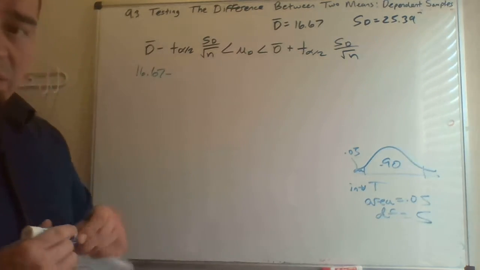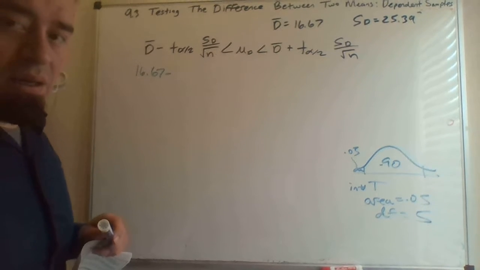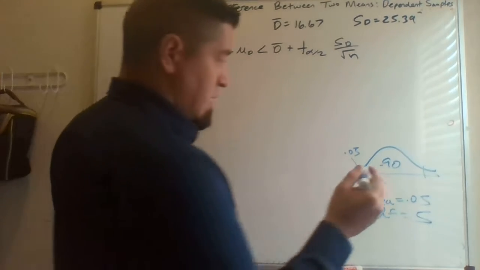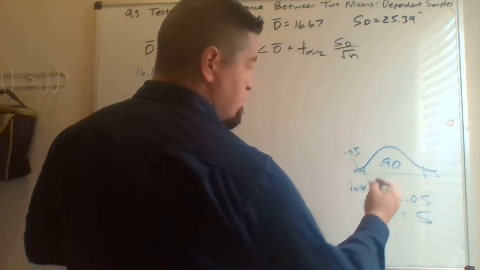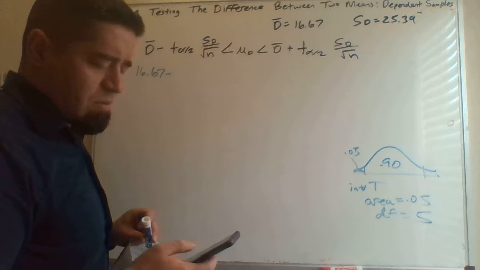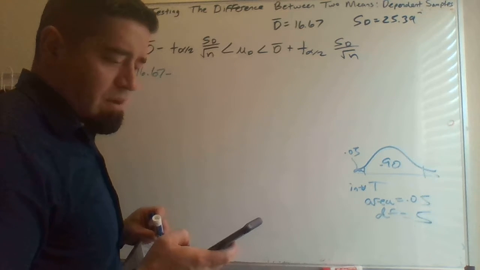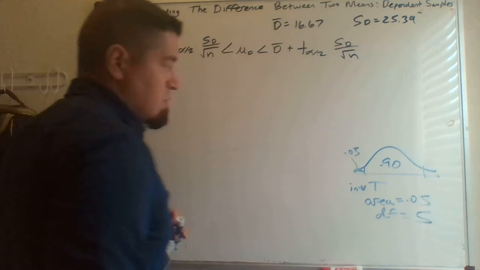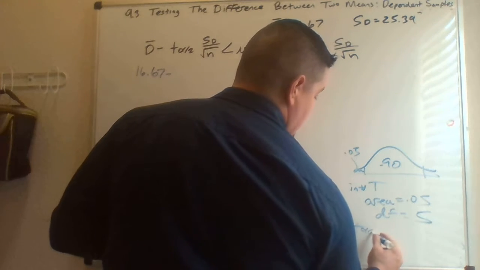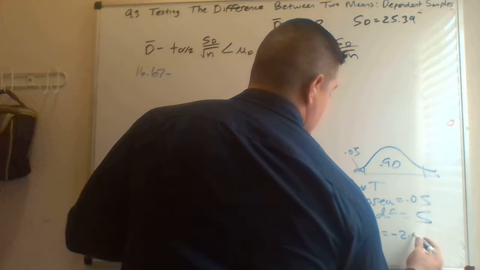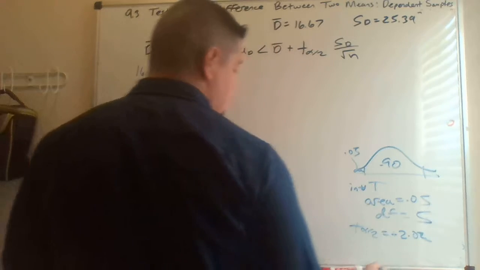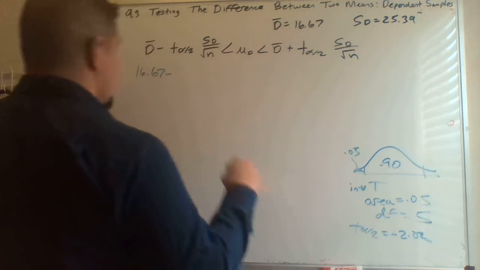We'll calculate that on our calculators and get a t alpha over 2. So that's going to give us the same thing that we got on the previous, which was negative 2.02, I believe. Yes, negative 2.02. So that's my t alpha over 2, which is negative 2.02, but you really want the positive, so positive 2.02.